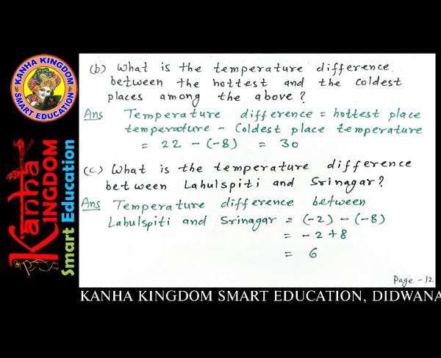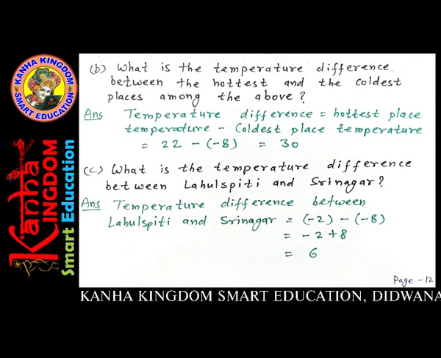The difference in both cities is 30. The temperature difference is equal to hottest place temperature minus coldest place temperature. So 22 minus -8, answer is 30.